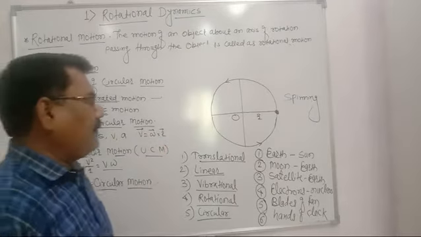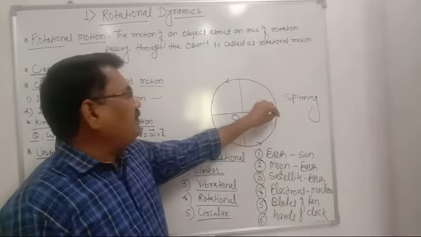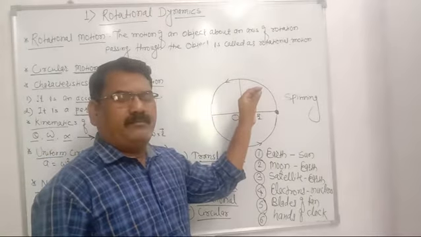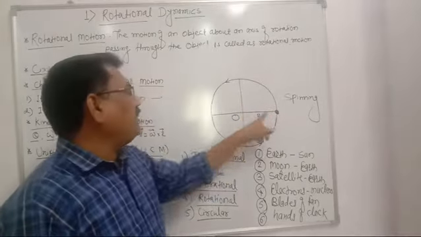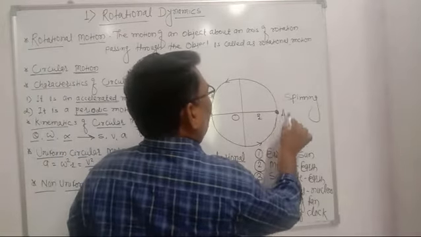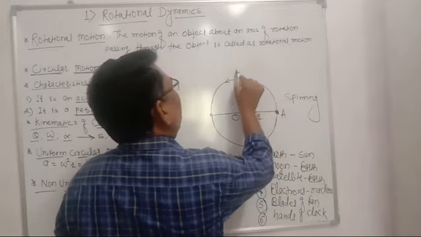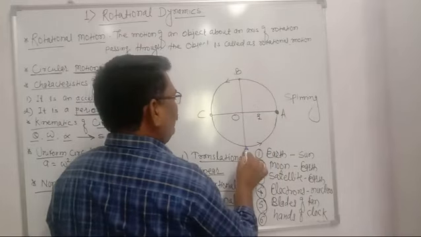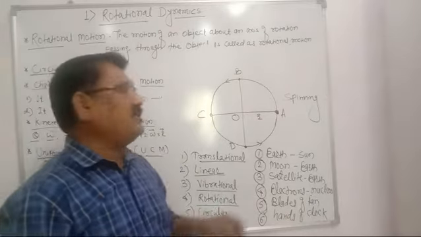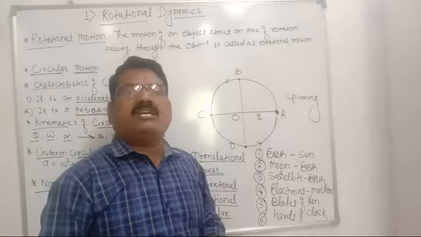Let us see here. When the object or a particle is performing circular motion, then with the change in position of that object, dear students, its velocity changes, means the direction of velocity changes.